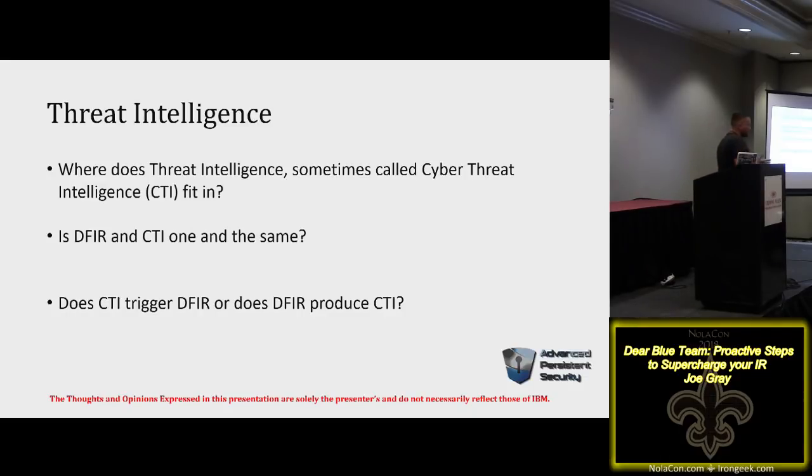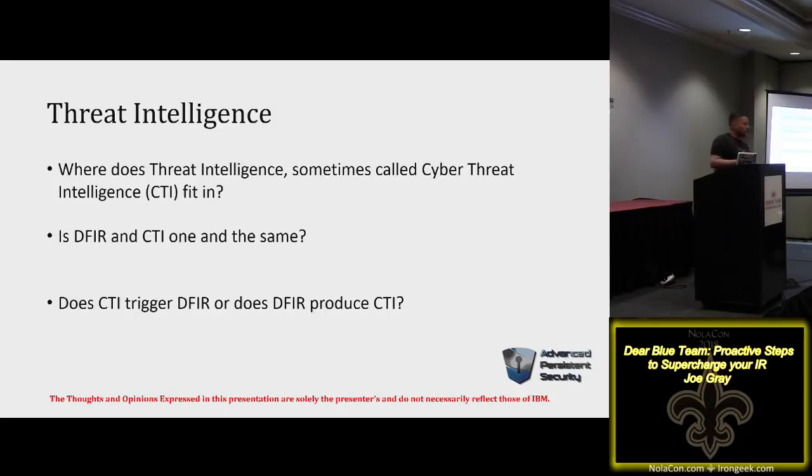But with that, how does this play into the DFIR process? Is one a product of the other, or is it both ways? So, they're not the same. Threat intelligence plays into your incident response. It plays into your incident detection.